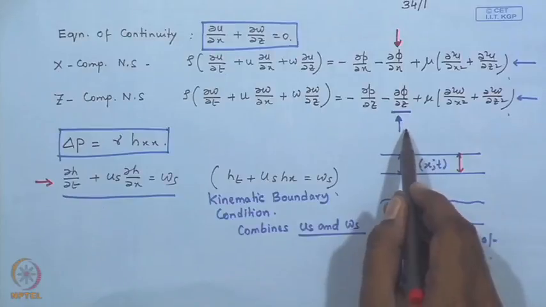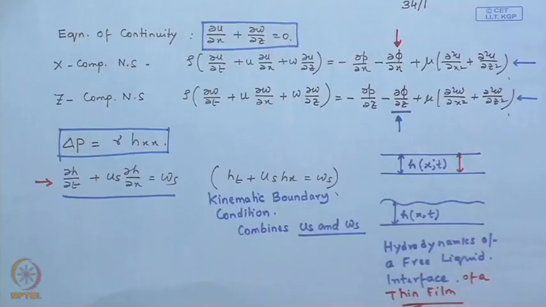Please understand that in this present form, the Navier-Stokes equation is not limited to van der Waals interaction alone. It incorporates the effective interface potential, that is, it is valid for any system where there is an additional interfacial interaction.